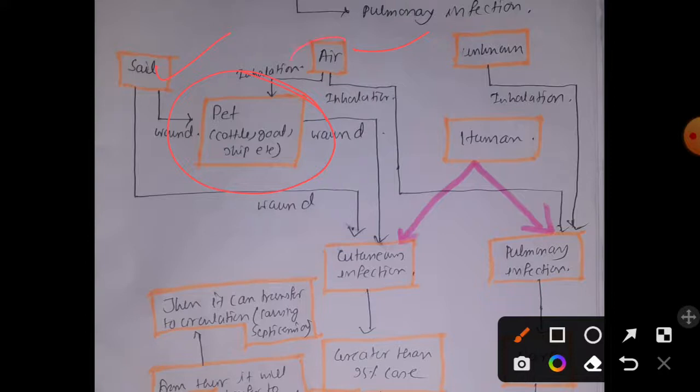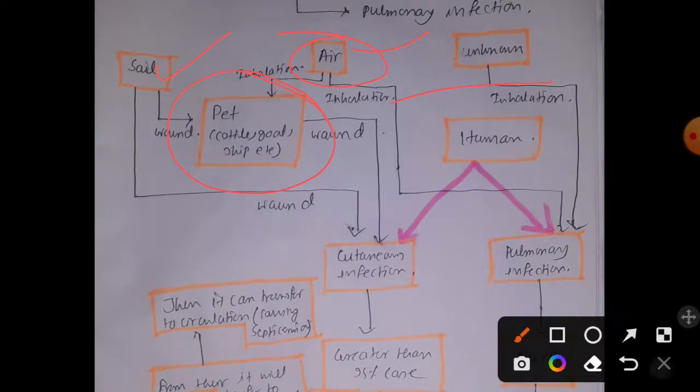And from air, Bacillus anthracis can also be inhaled by the pets, and from them it can be transferred to the human. This is the three possible ways by which Bacillus anthracis causing cutaneous infection can enter the human.